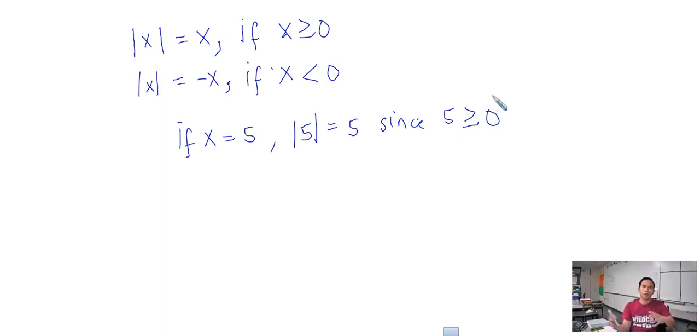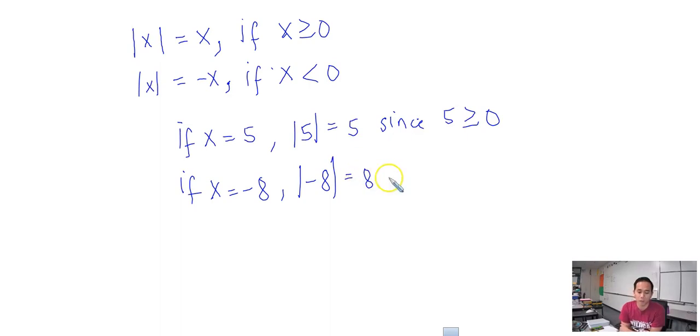On the other side, if I have x equal to negative 8, this is a negative number, but the absolute value of negative 8 will be positive 8, since negative 8 is less than 0. So that is the concept of absolute value. Again, we are measuring the distance of a number from 0, so there is no negative answer to this.